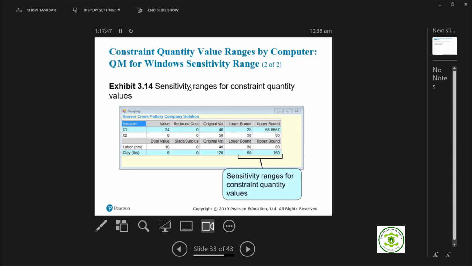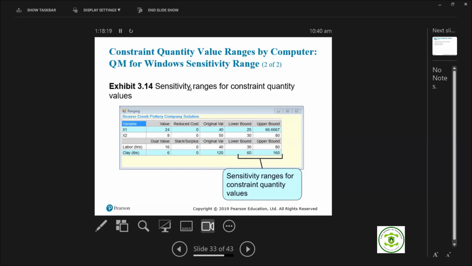So that one also has a lower bound and an upper bound. The lower bound and the upper bound for the constraint show the range of values for which the shadow prices are valid.